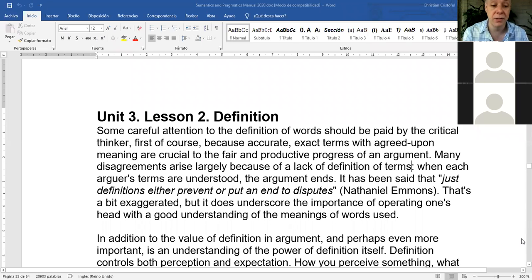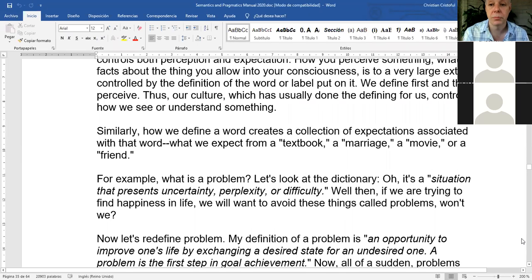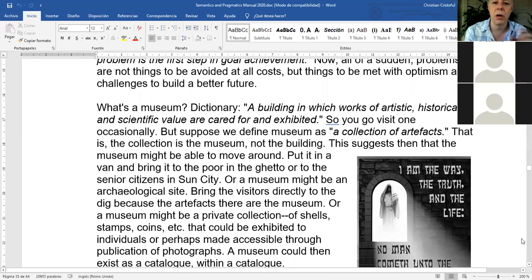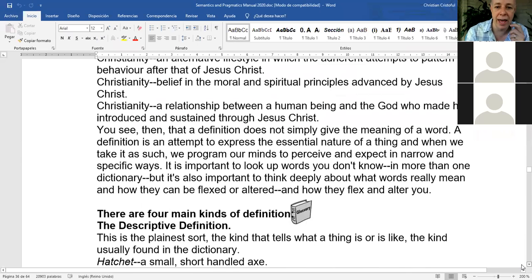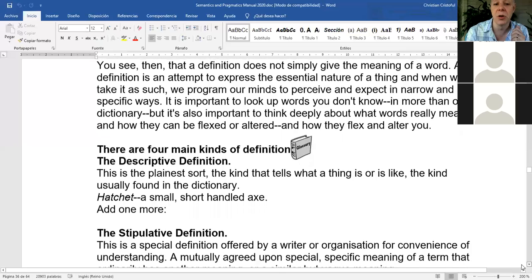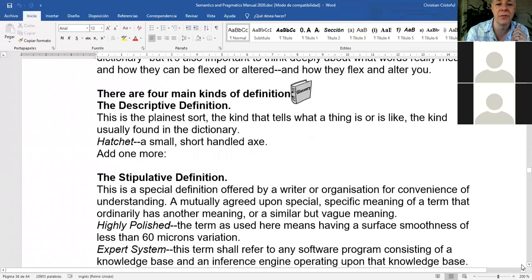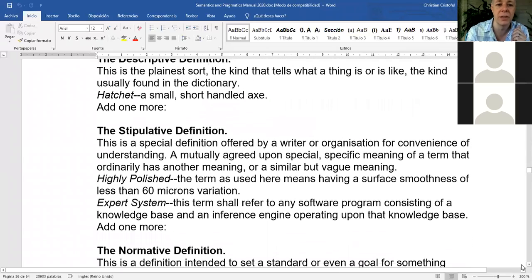It explains very clearly how certain words can be defined, and they can be seen from different points of view as well. So it's a very interesting article. And then after that, it shows the different kinds of definition, the descriptive ones, the stipulative.